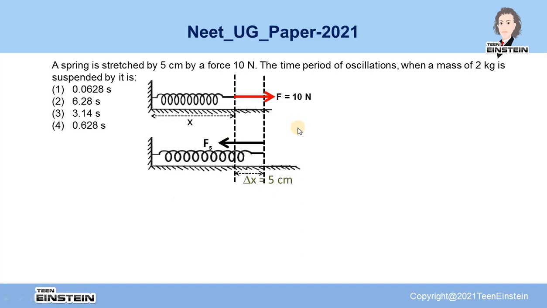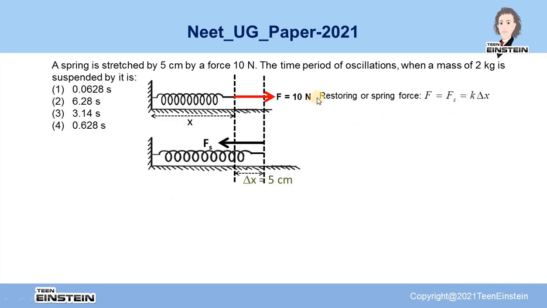and the restoring force can be written as F is equal to K delta x, where F is the external force at equilibrium situation and K delta x is the restoring force that arises in the spring, and K is the spring constant, delta x is the change in the length of the spring.